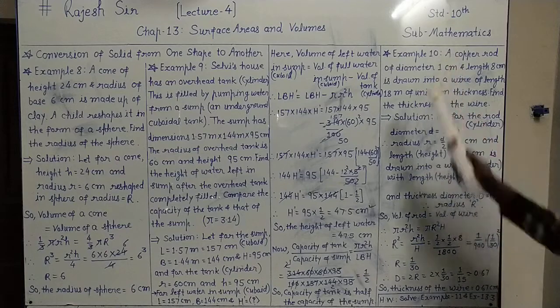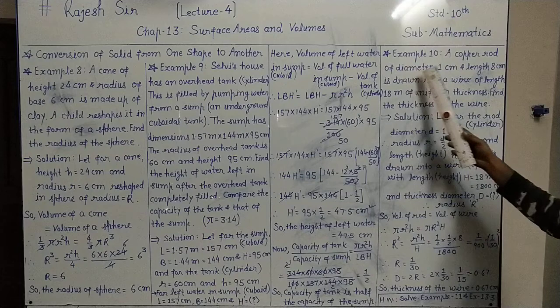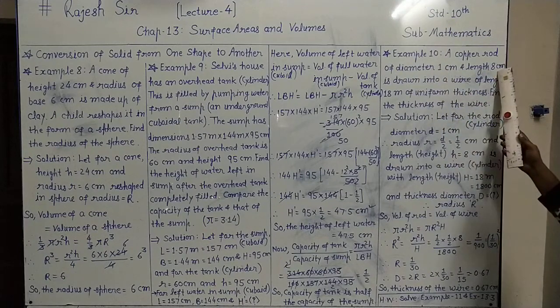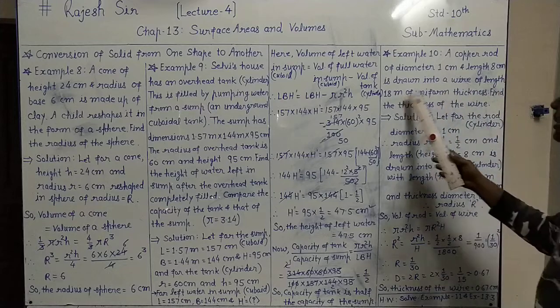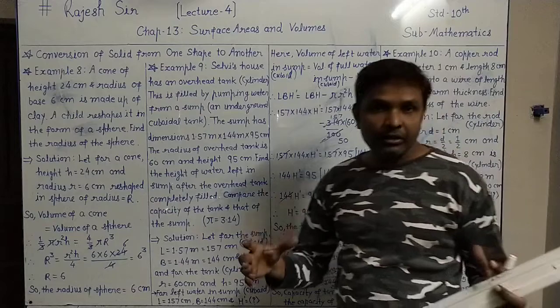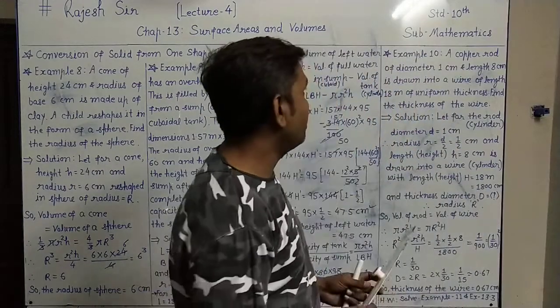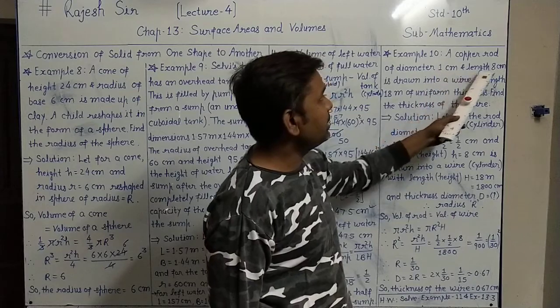Next, example 10. We have a copper rod of diameter 1 centimeter and length 8 centimeter, which is drawn into a wire of length 18 meter of uniform thickness. One thick copper rod is there, and its diameter is 1 centimeter and length is 8 centimeter.